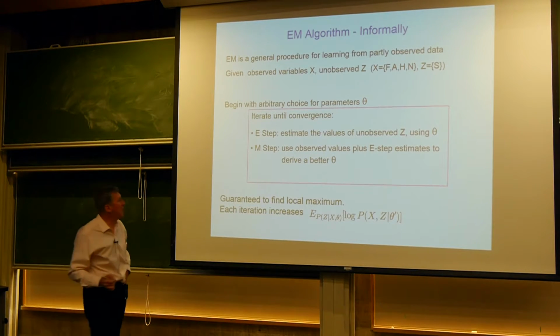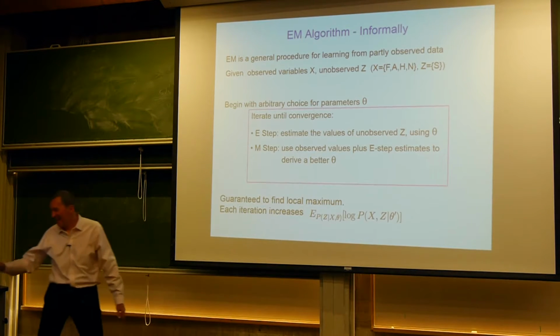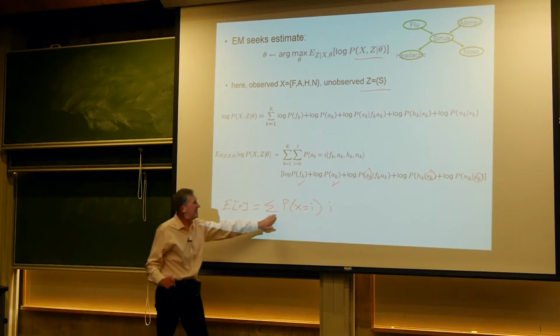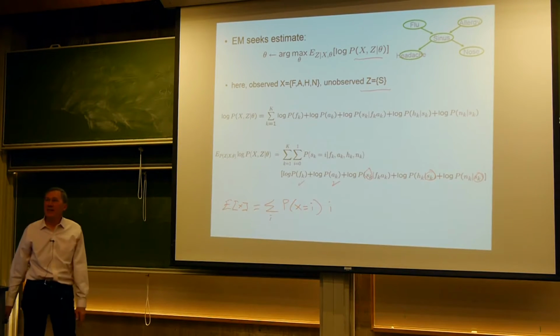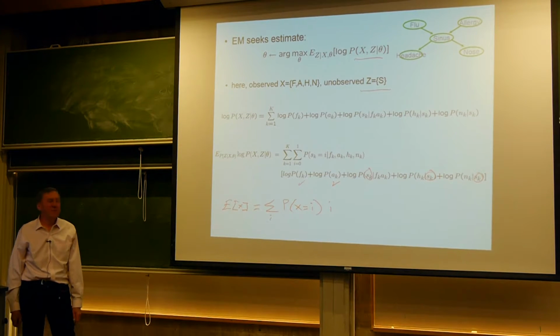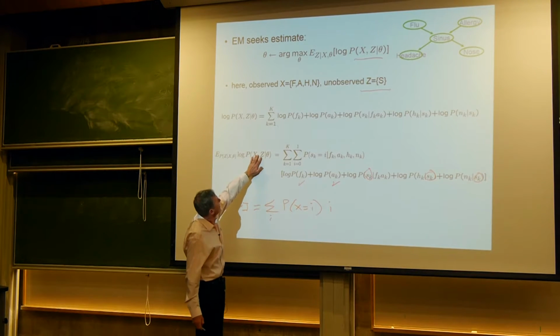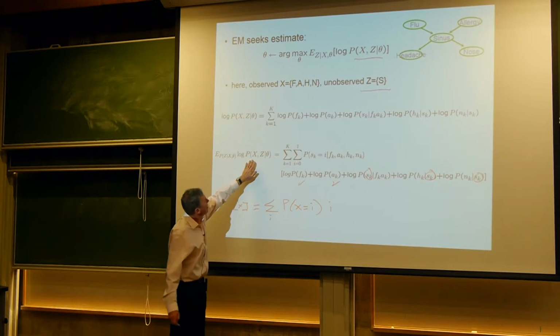Right? It's just the probabilistically weighted average value. So here we want the expected value of this quantity, which is this.